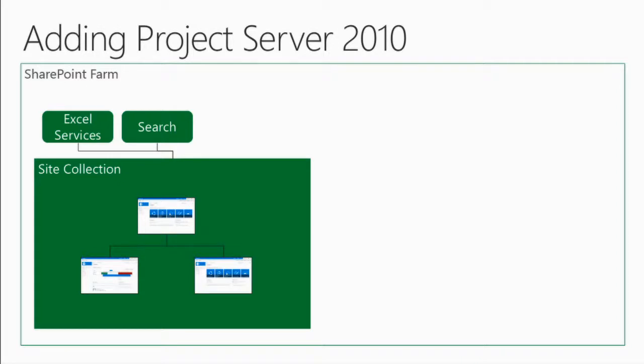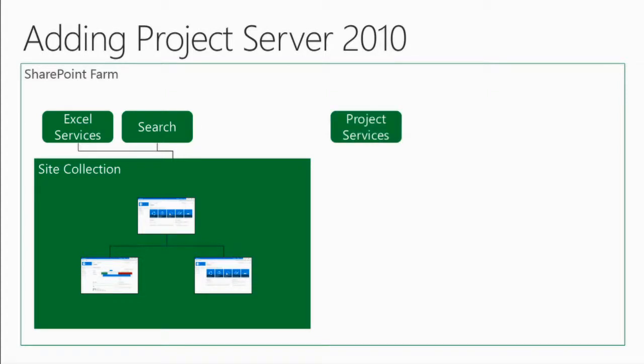In the 2010 world, when you wanted to add Project to your SharePoint farm, from an IT experience, we were very tightly integrated. From an end user perspective and interacting with the existing data, we were very separate. We were maybe the same solar system but different planets.